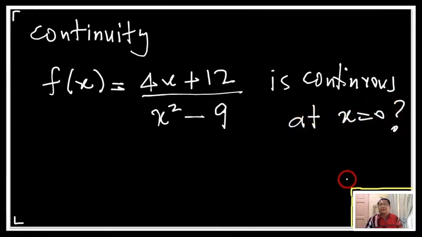So, question mark. So, 3 steps. The first step is you check whether the function is defined at x equal to 0. Okay, step 1, we find f(0).